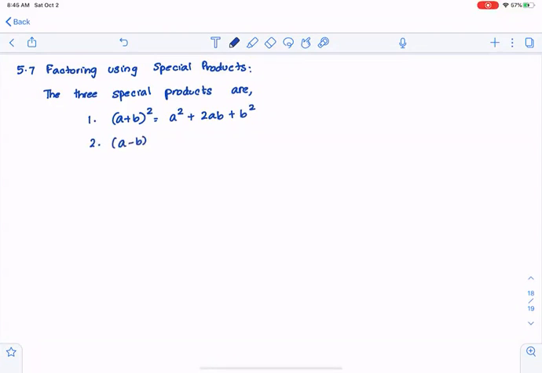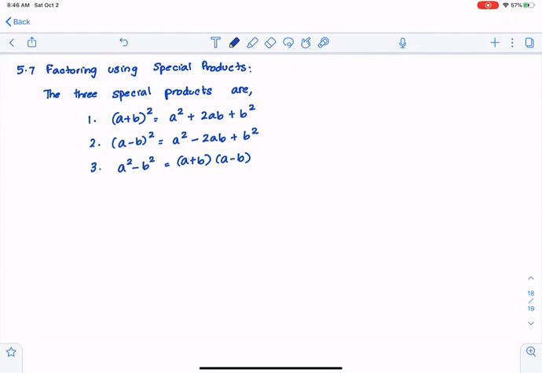Two, a minus b squared is a squared minus 2ab plus b squared. Three, a squared minus b squared, which is a plus b times a minus b.